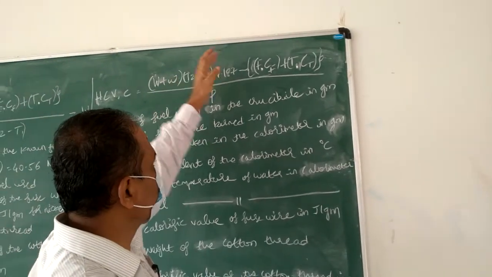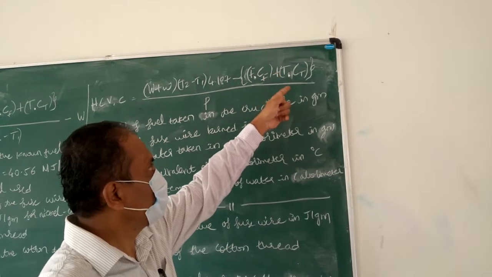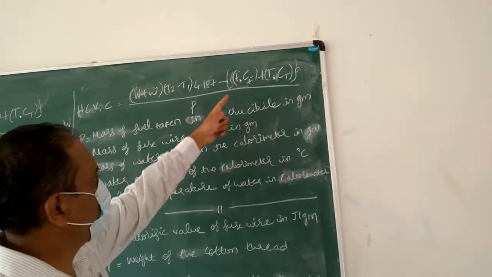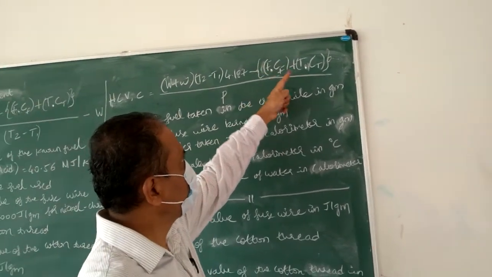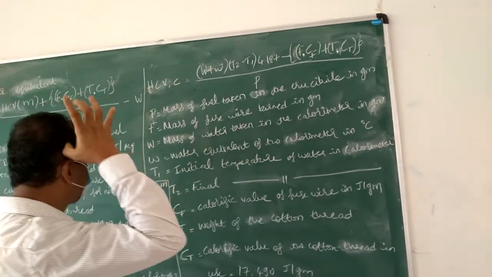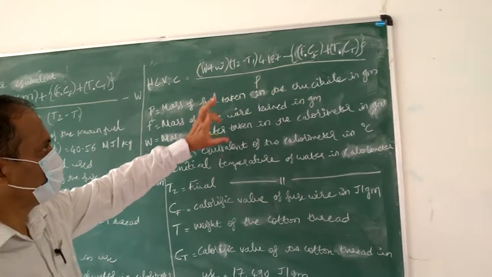Here we have used the cotton thread as well as the tungsten wire or the nickel chromium wire, so that also we have to take out the mass and the calorific value. This we have to deduct, and T is the weight.